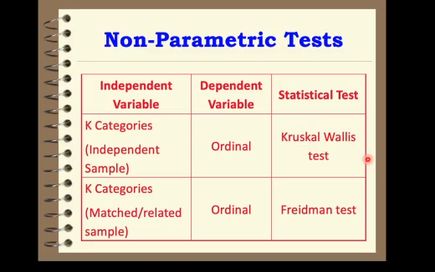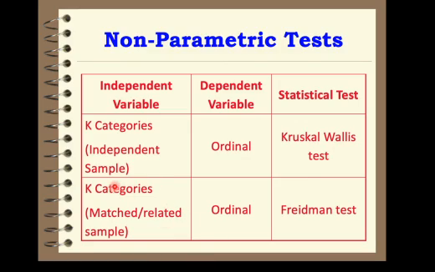Now, if the dependent variable is a ratio scale measurement, then the statistical test to use is ANOVA. So Kruskal Wallis is the counterpart of ANOVA in a non-parametric test.